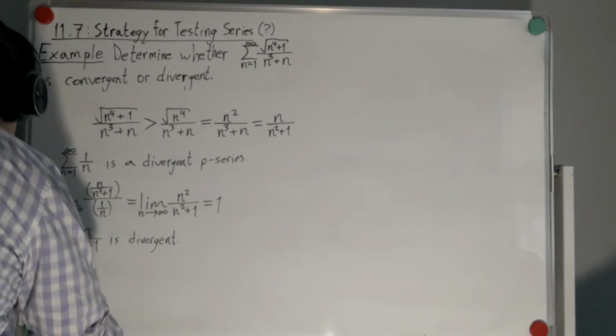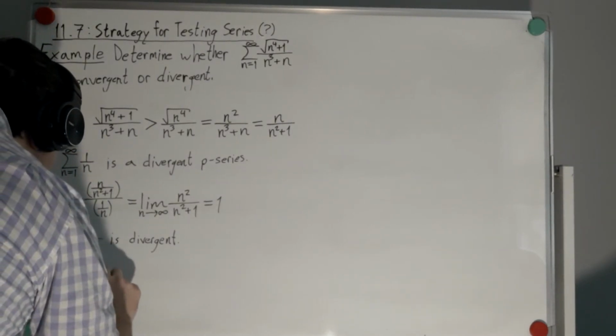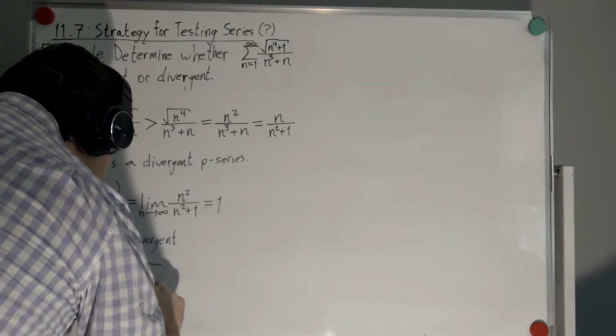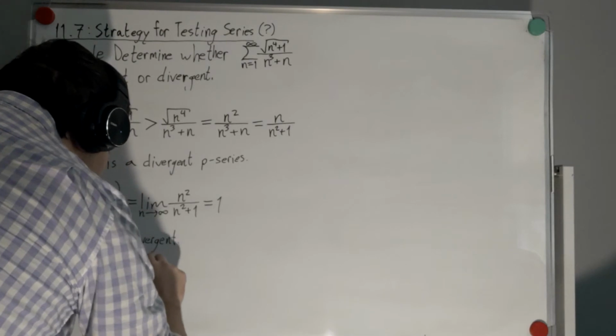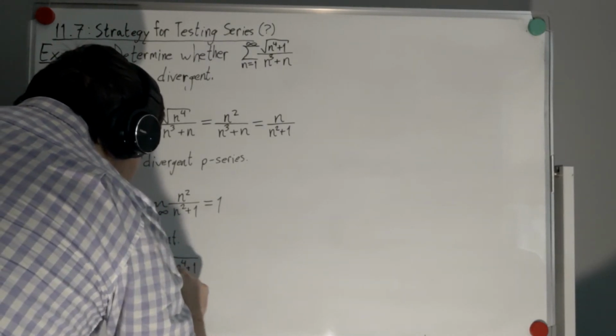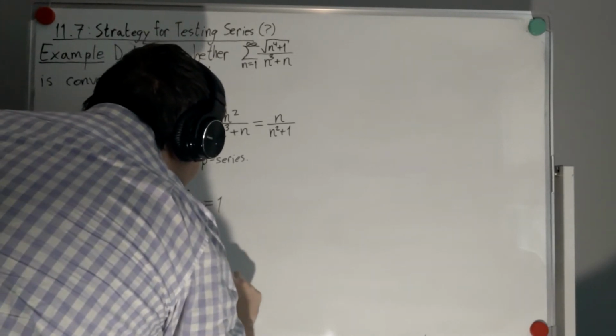So by comparison, the sum from n equals 1 to infinity of the square root of n to the 4th plus 1 divided by n cubed plus n, this has to be divergent.